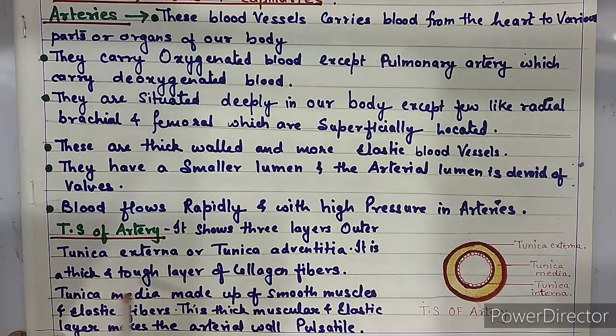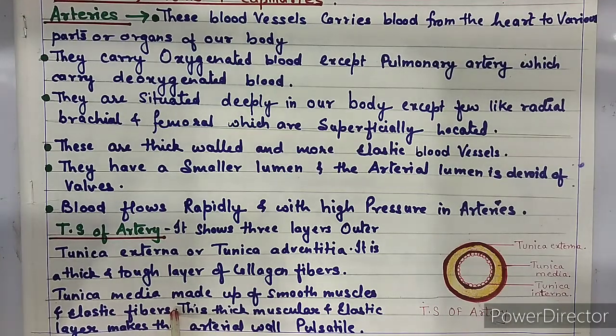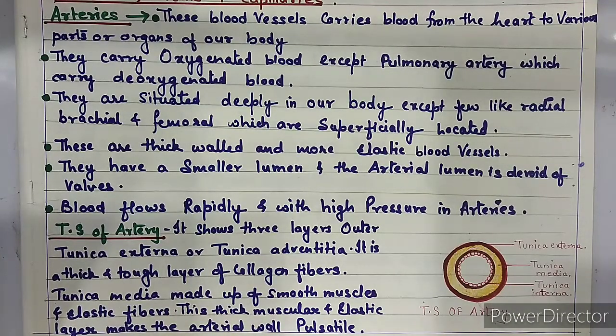Whereas children, tunica media is made up of smooth muscle fibers and elastic fibers. So this tunica media, which is made up of layers of smooth muscle fibers, gives more elasticity to the arteries as compared to the veins.